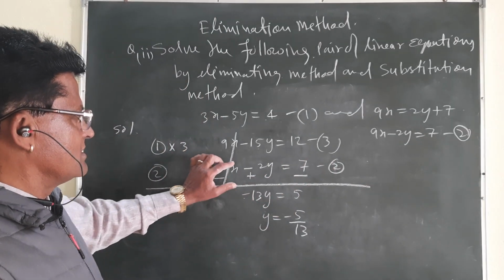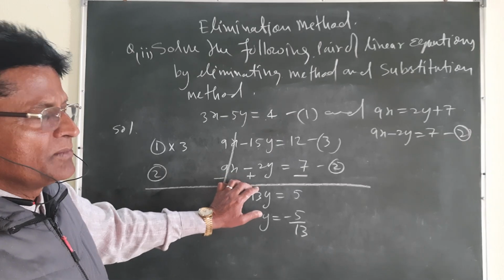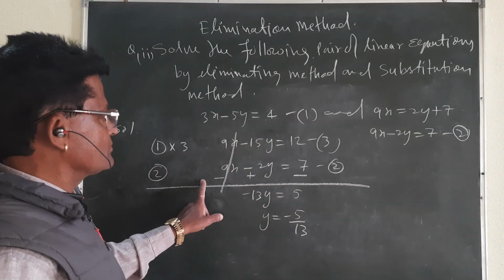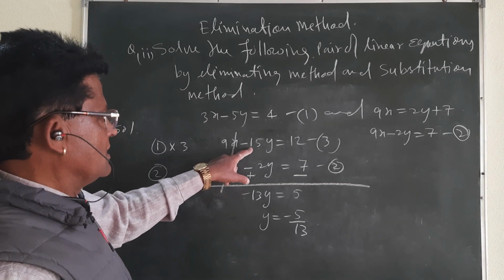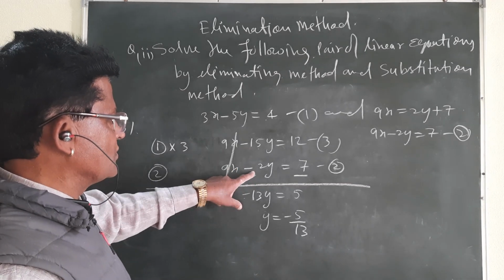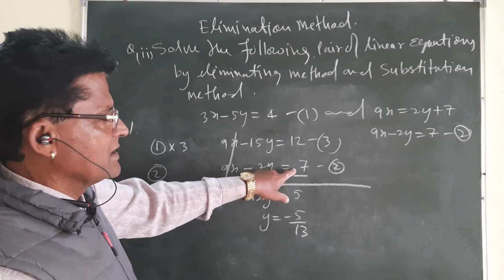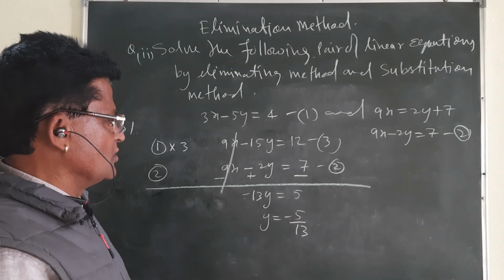And we subtract equation number 2 from 3. Change the sign, it is a must to change the sign. 9x cancels. Negative 15 and positive 2 is minus 13. And it is 12 minus 7, that is 5. Minus 5 over 13, you do.